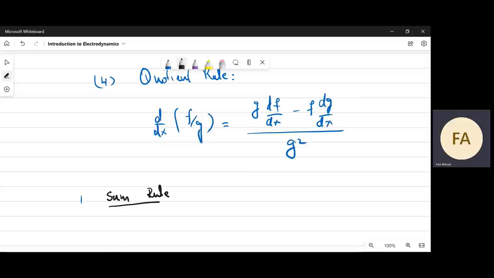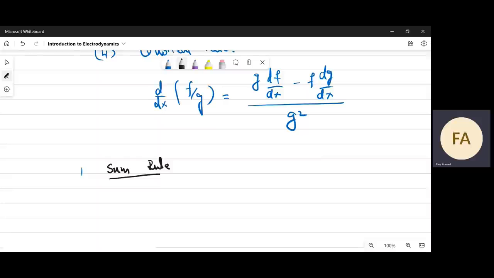We have three different types of vector derivatives, and for every one we have to apply the rule. The first one is the gradient. The gradient of two scalar functions is del f plus del g.